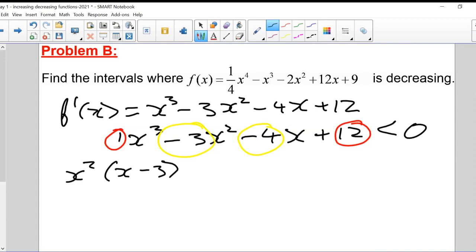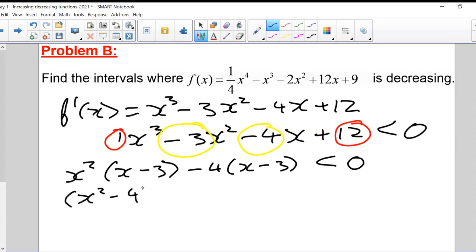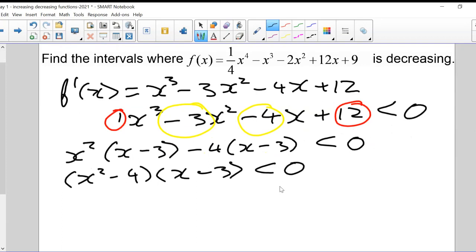The minus 4. Good. So minus 4 into x minus 3, less than 0. Okay, so I have x squared minus 4 in one, x minus 3 in the other, less than 0. This, of course, factors into x plus and minus 2.